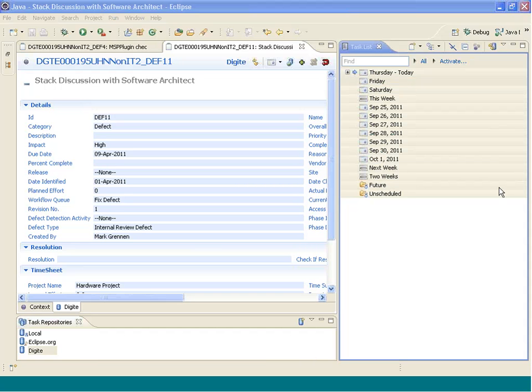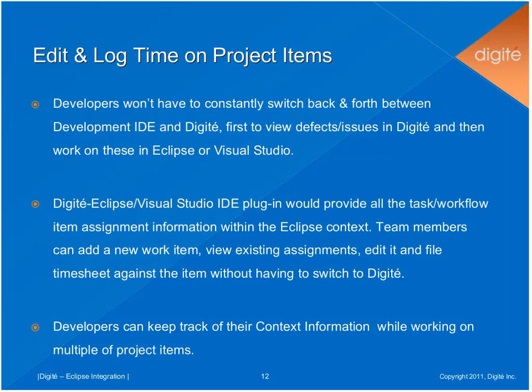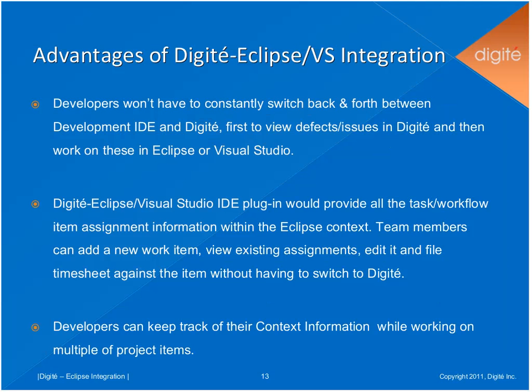So just to summarize the advantages, what we saw in the Digite and the Eclipse or the Visual Studio integration are, the developers won't have to constantly switch back and forth between the development IDE and the Digite to view any of the project items they have been assigned to work on.